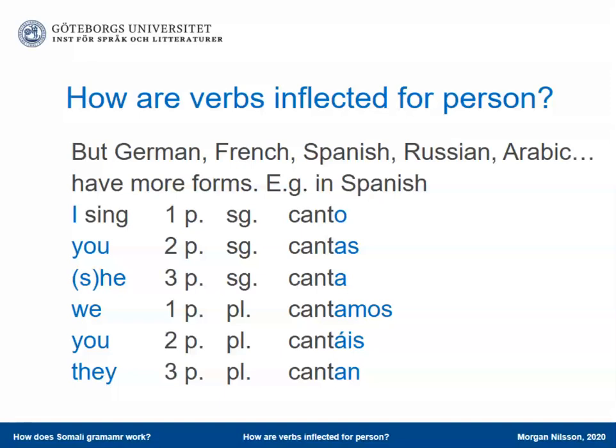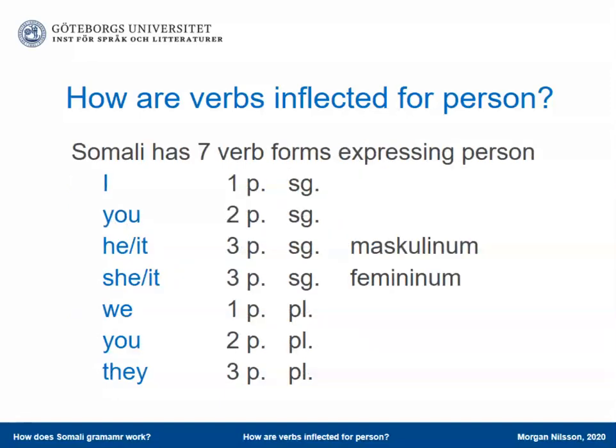What about Somali? Well, Somali has 7 forms of a verb, 7 forms expressing persons, and the additional one is due to the fact that in the third person singular there is a distinction in Somali between masculine and feminine gender.